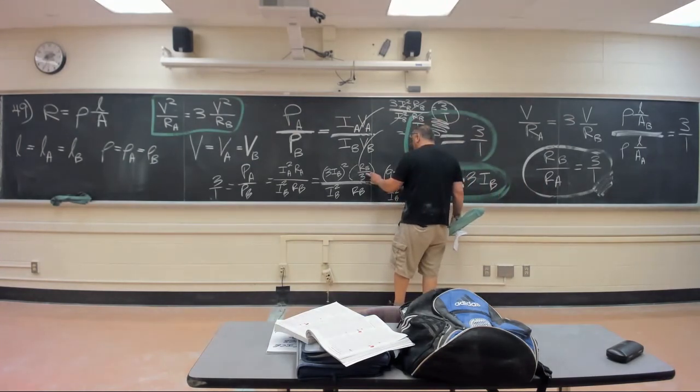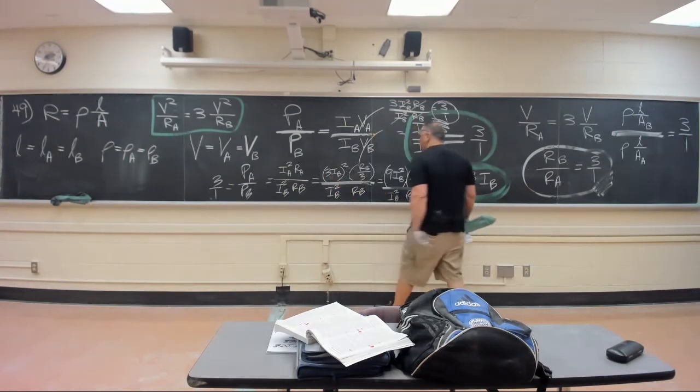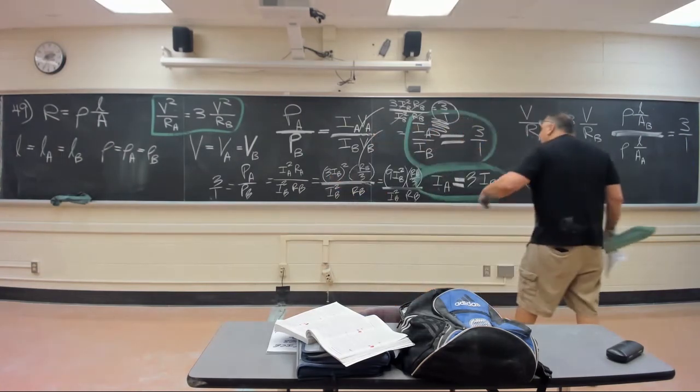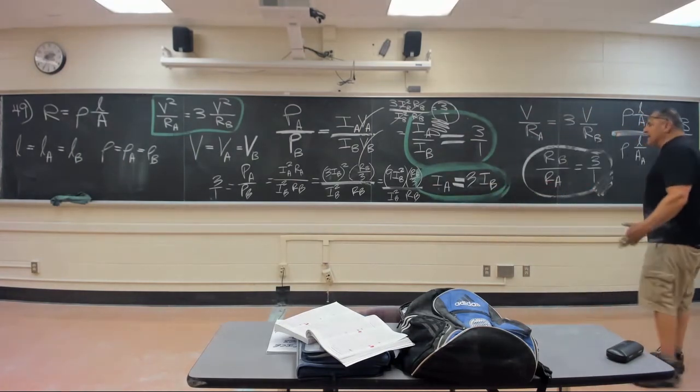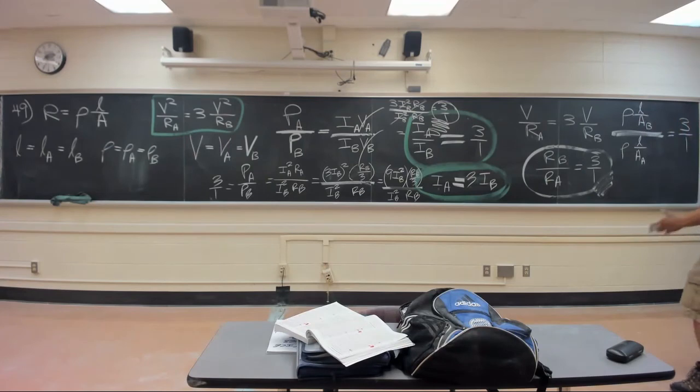Even though RA is 1/3 of RB, it still brings forth more power because there's so much more current, or the current squared takes it further. So all that makes sense, guys. All this falls in line.